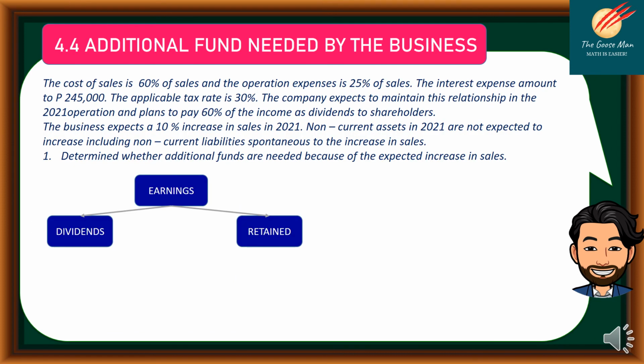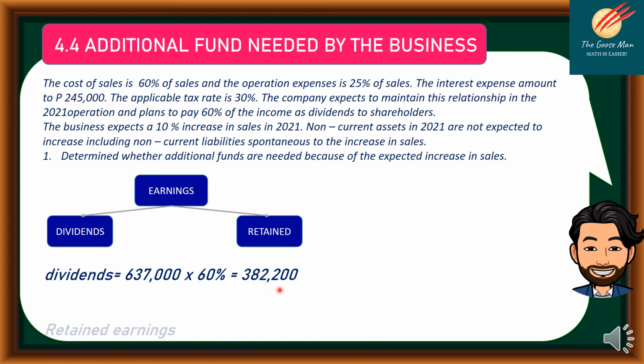Let's recall that the earnings will be divided into two parts, either dividends or retained. Take note that the earnings we computed a while ago is 637,000, but according to the problem we will give 60% of the income as dividends to shareholders. So if we compute 60% of 637,000, we come up with 382,200.